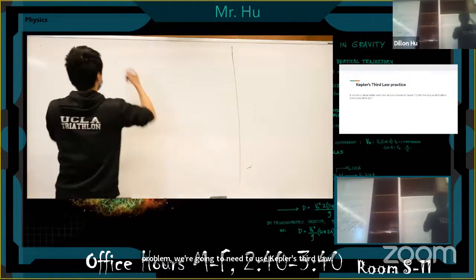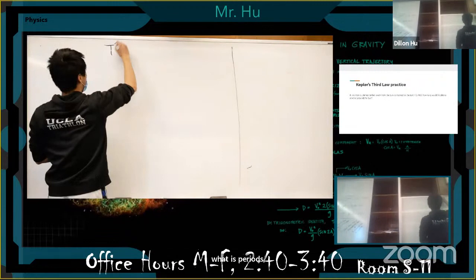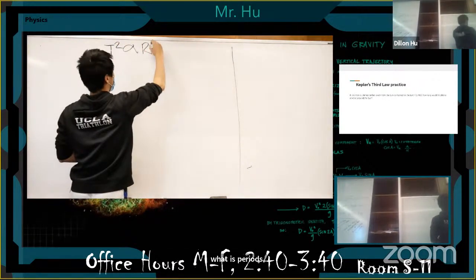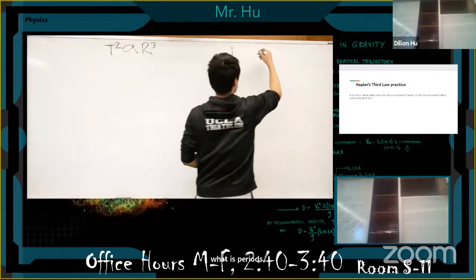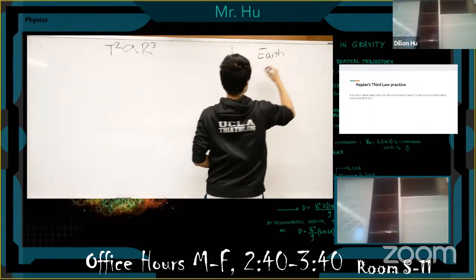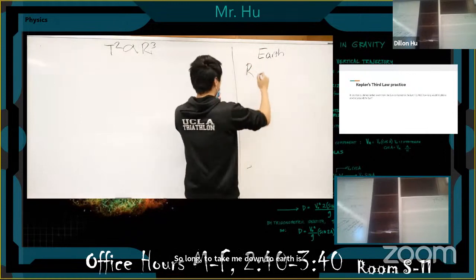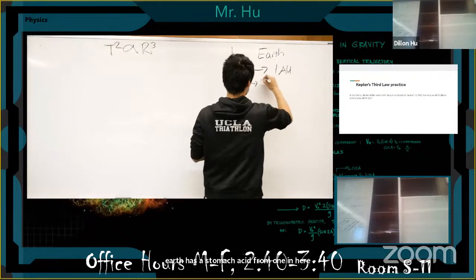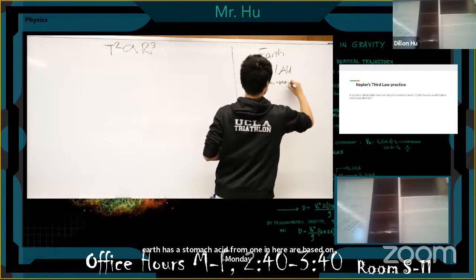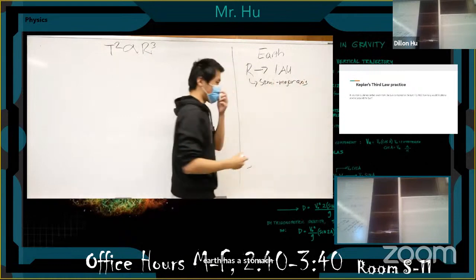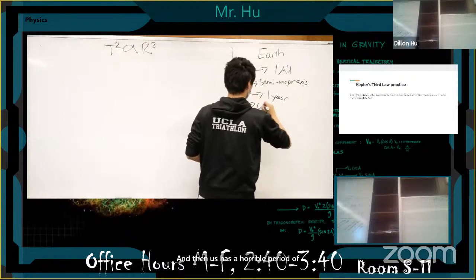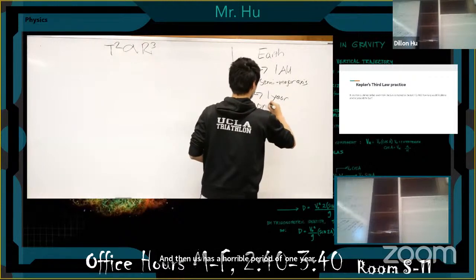Kepler's third law says that period squared is proportional to my semi-major axis cubed. So I'm just going to write down the things we know. Earth has a semi-major axis of 1 AU, R being the semi-major axis. And then Earth has an orbital period of 1 year, orbital period meaning how long it takes to orbit around the sun.